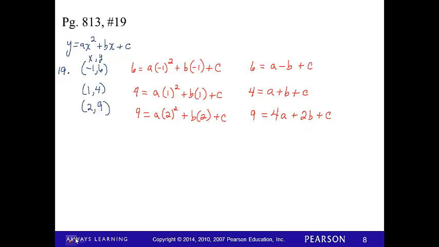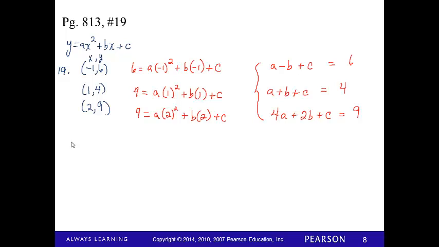Now I'm going to switch my equal sign on the other side. 6, 4, 9. Okay, so here's your system of equations, which means we're going to solve it using our calculator, or you can solve it by hand, your choice.